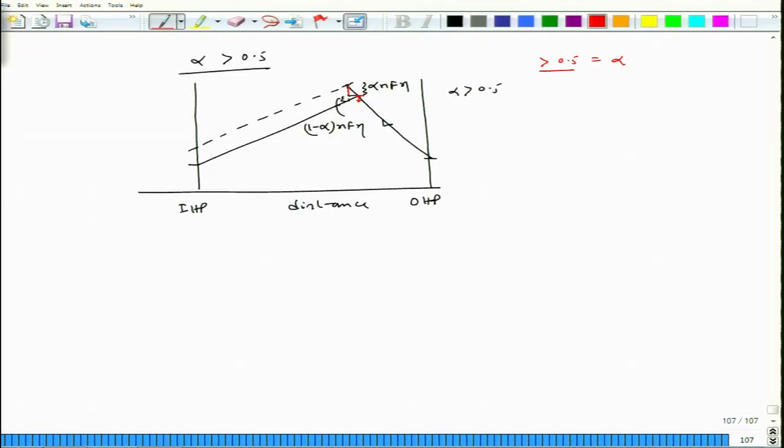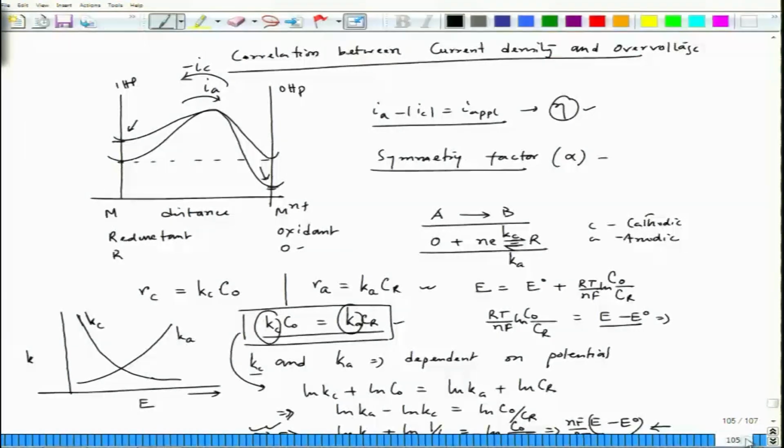So, we could see how alpha changes the slope of these two free energy lines. One is from the R to the activation energy, another one is from the O to the activation energy peak. These two lines are changing because of this variation in symmetry factor, but in our discussion we would consider alpha to be 0.5.